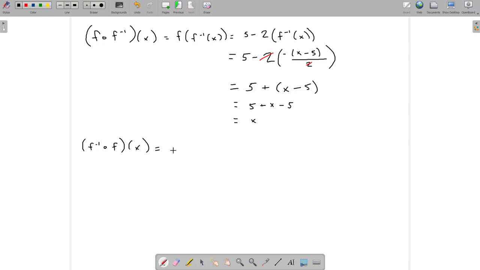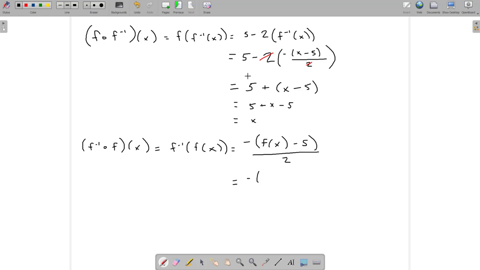F inverse of f is f inverse evaluated at f of x, which then my f inverse was this part, right? So negative, instead of x, I'll be writing f of x. And then let's plug in our f of x.